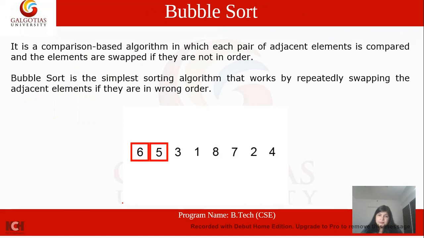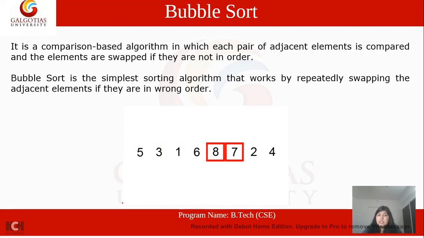This is bubble sort, and let's first have the definition, and then we will focus on the animation. It is a comparison-based algorithm in which each pair of adjacent elements is compared and the elements are swapped if they are not in order.